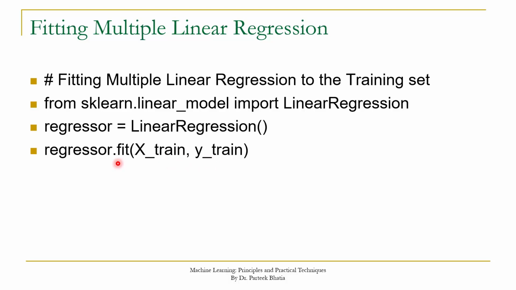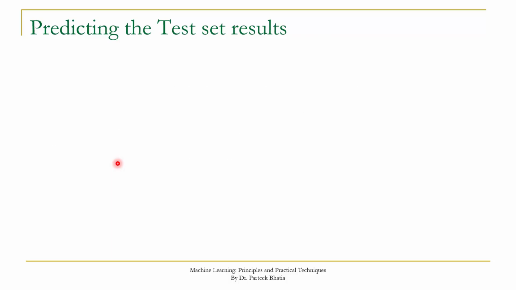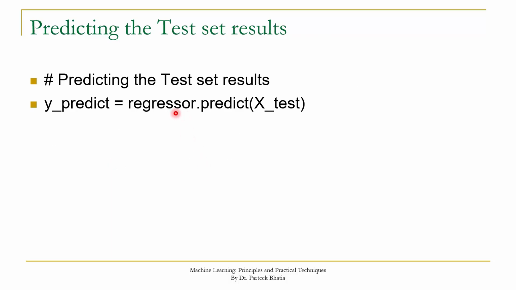After building this model, we have to predict the values for test data. And in this case, we have to predict the value of profit for X_test. In order to predict the values on test data, we have a predict method. So here we are invoking this method, regressor.predict, and as discussed, we have to pass test data for all independent variables for making the prediction on the profit based on these attributes.